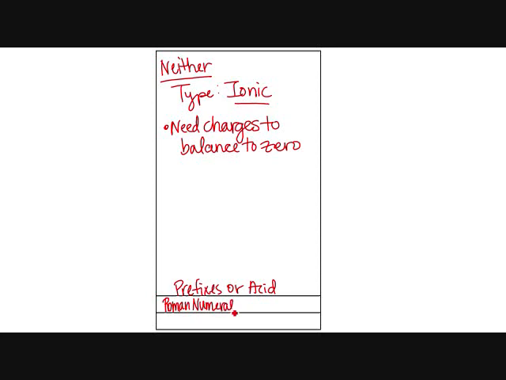You can put RN for Roman numeral if you want to. Or it could have a polyatomic ion. So that's our next tab. Roman numeral or polyatomic ion.